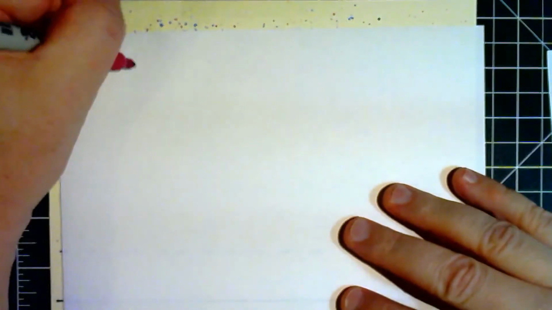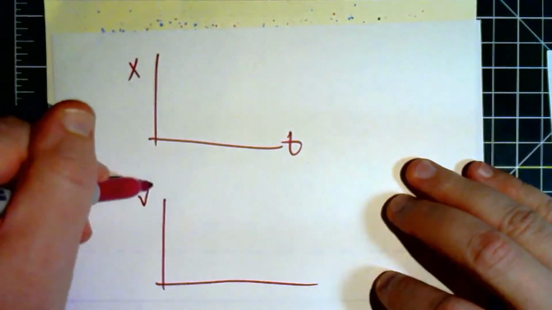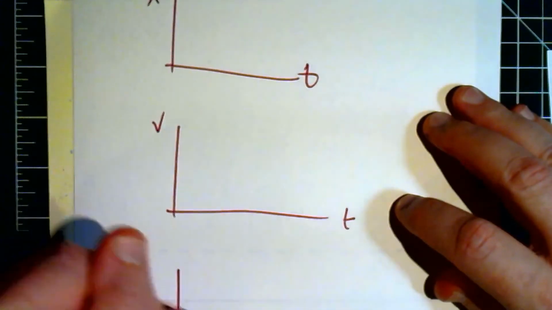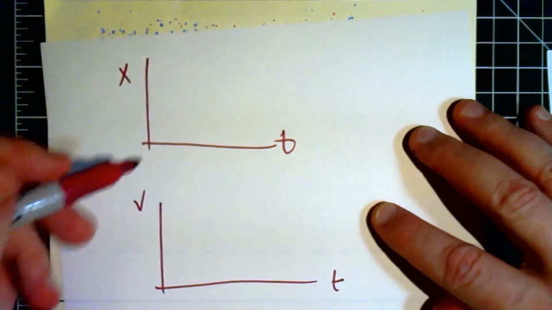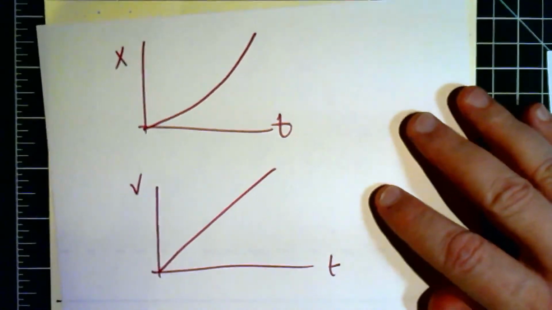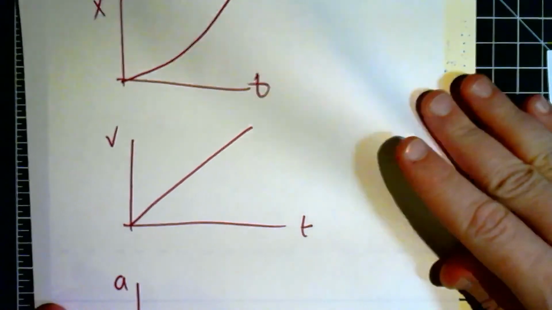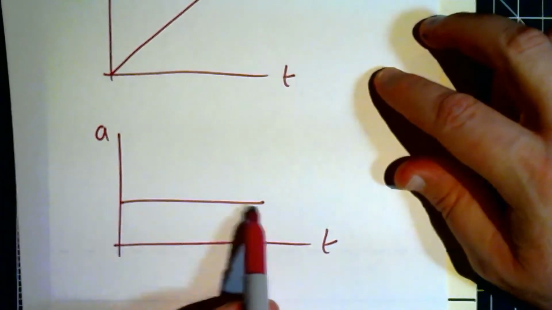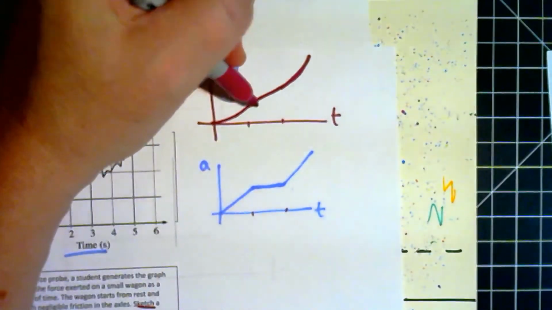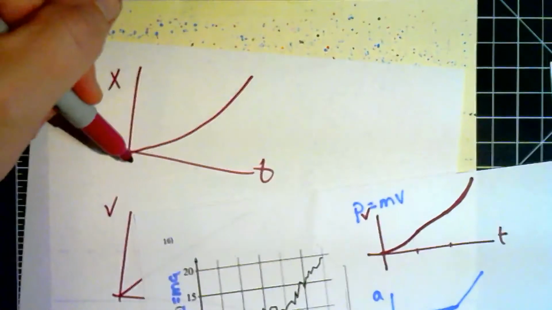If you have a position versus time graph, a velocity versus time graph, and an acceleration versus time graph, if the position graph is parabolic, the velocity graph is linear, and then the acceleration graph is constant. Okay? And so when you saw that acceleration graph over here be constant, the velocity graph was linear. And then when you saw the acceleration graph be linear, the one above it, the velocity graph, is parabolic.